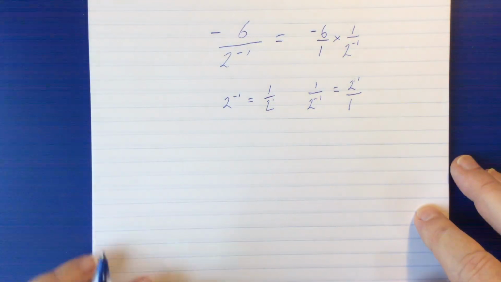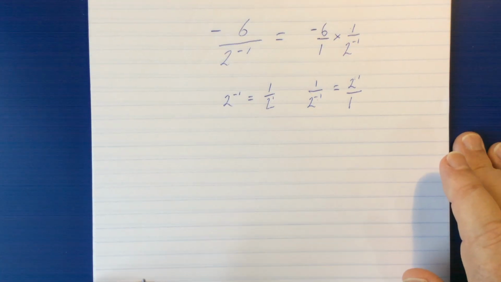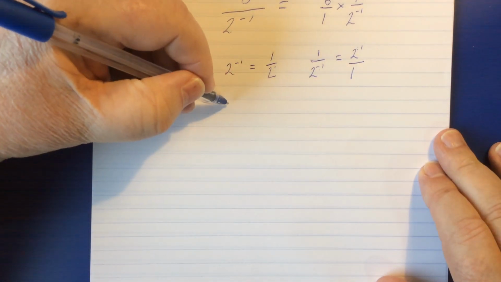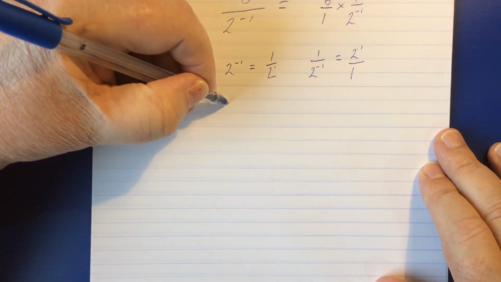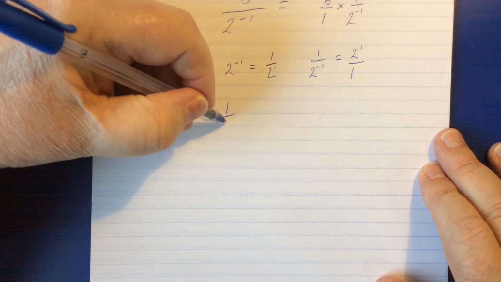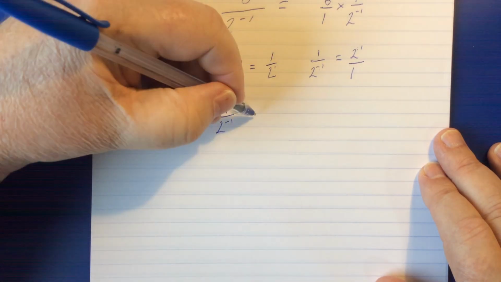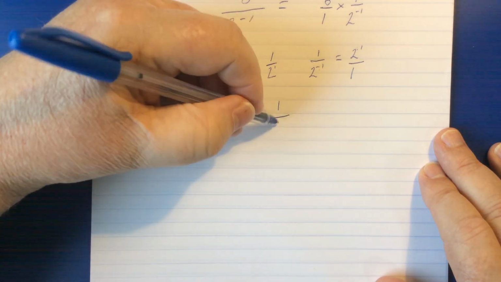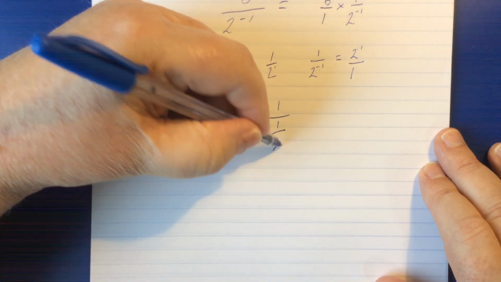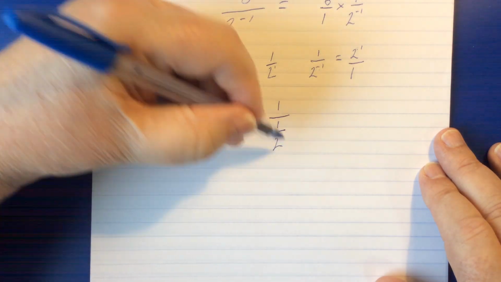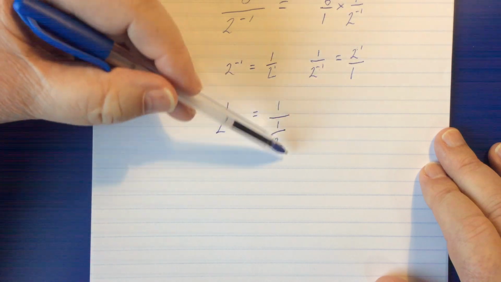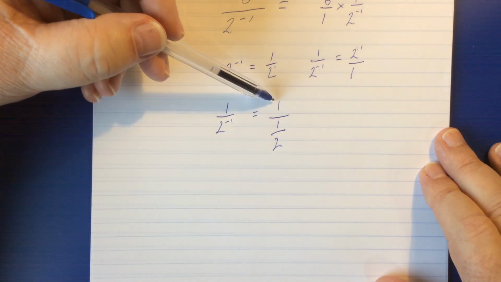Now, there's another way of looking at this, and I think that this is sometimes where trouble strikes. So we have a fraction 1 over 2 to the negative 1, and that is equal to 1 over, we've already said that 2 to the negative 1 is 1 over 2. Now, some of you will have seen fractions that look like this.